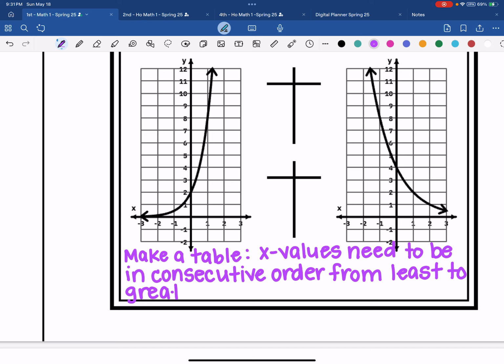So they need to be in order from least to greatest, and basically you're doing it from left to right.